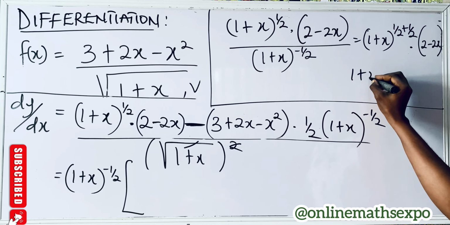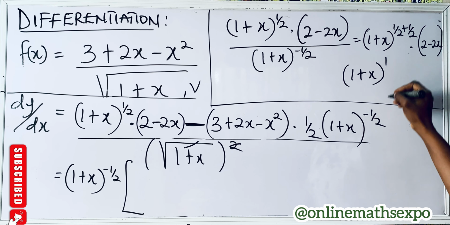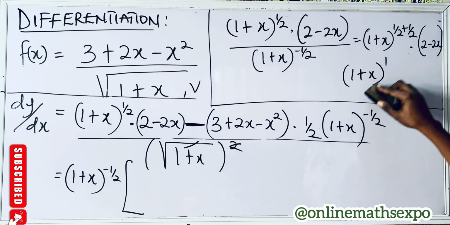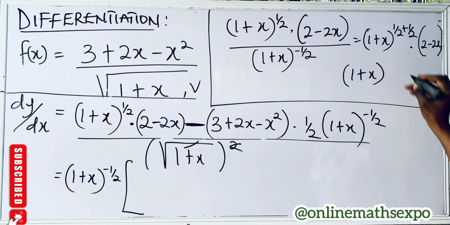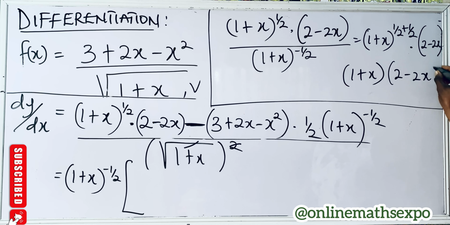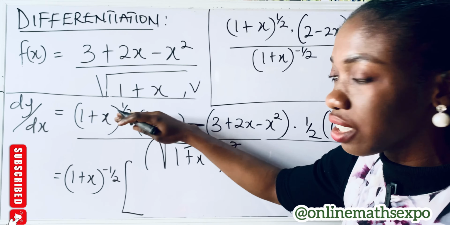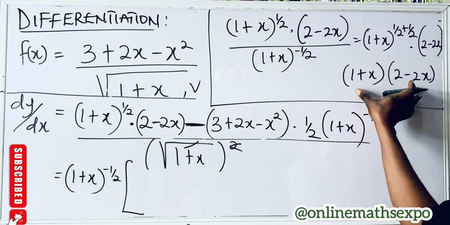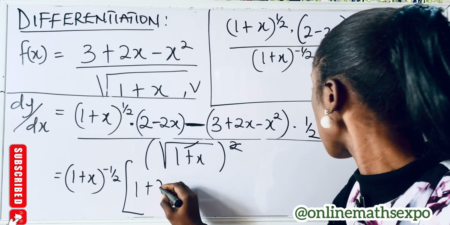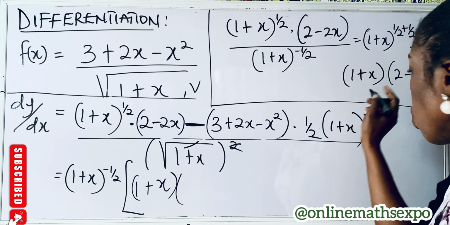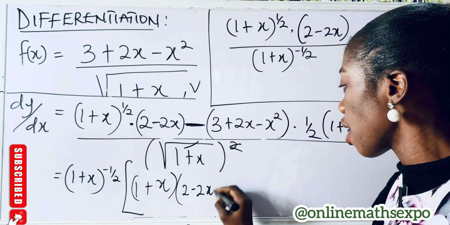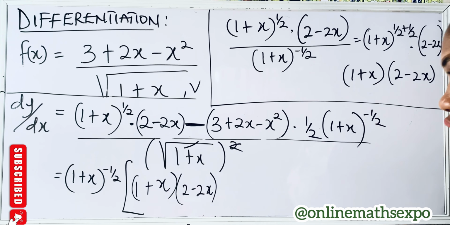So we have 1 plus x to the power of 1, and anything raised to power 1 is that number. So we can have this into 2 minus 2x. So for factoring out this and dividing this with this, we are having 1 plus x and 2 minus 2x. That's what we got.